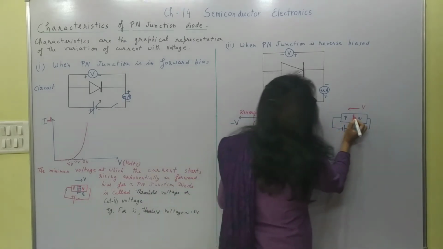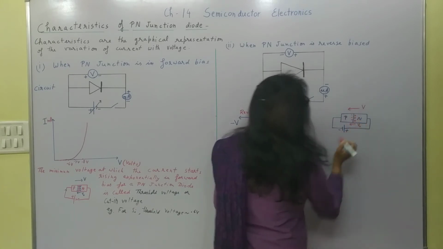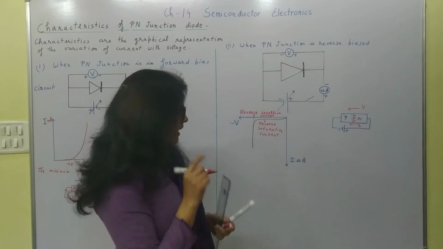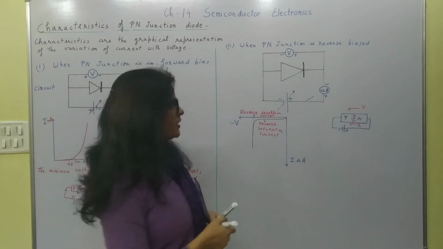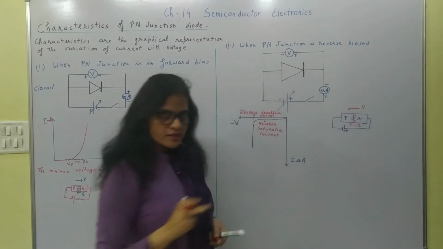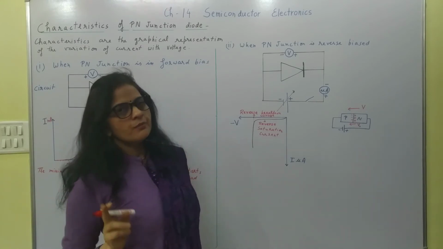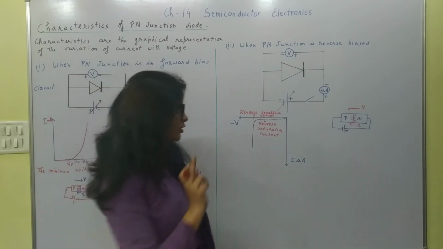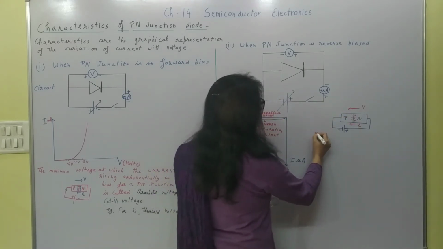Why so? Because here there is an accumulation of minus ions, here there is an accumulation of plus ions. So the applied voltage is supporting the barrier voltage. So this applied voltage is helping the movement of minority carriers along with the barrier potential. So you can say that this current is flowing due to minority carriers.